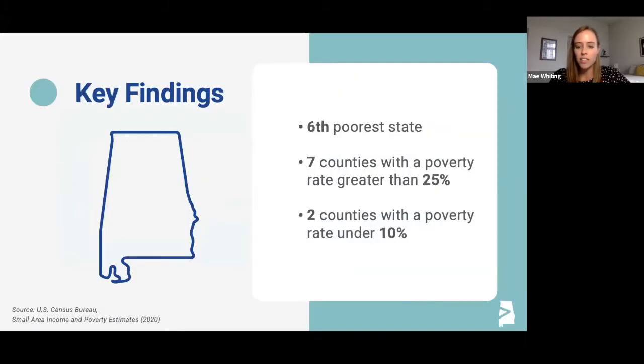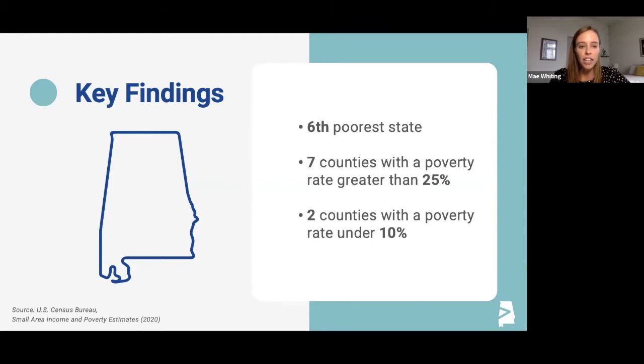So to summarize some of this year's key findings, this year, Alabama is the 6th poorest state in the country. According to Census Bureau data, Alabama has more than 714,000 people living below the federal poverty line. And that figure includes 222,000 of Alabama's children.